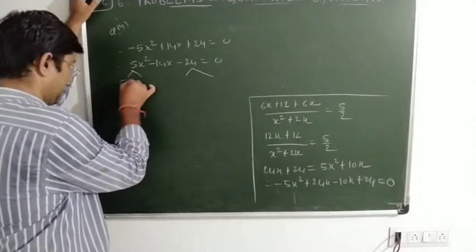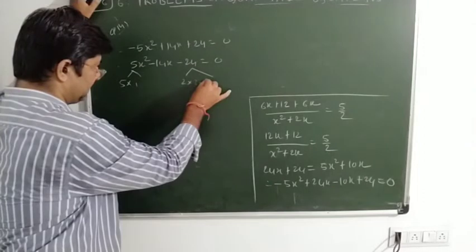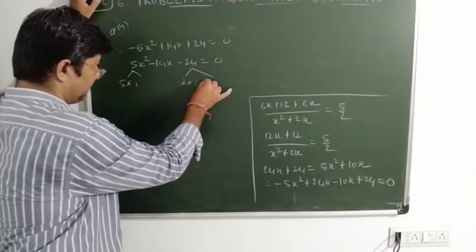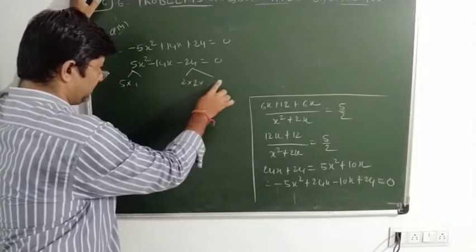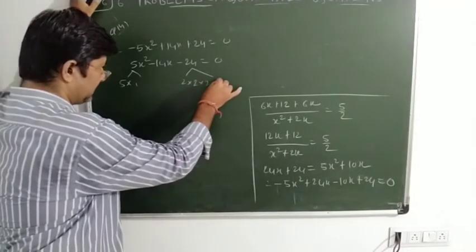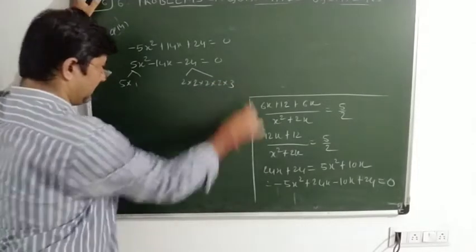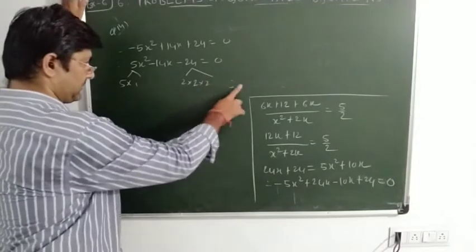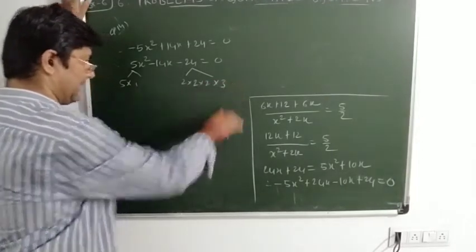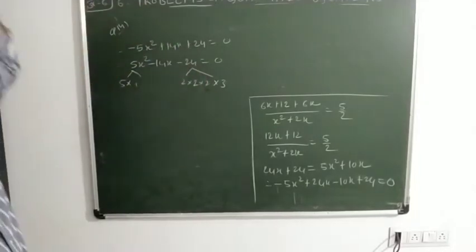Okay, this is 5 1 and 2 3 6. 2 2 4, 3 2 2 4, 2 6 8 and 3 2 2 4, 2 8 8 3 24.